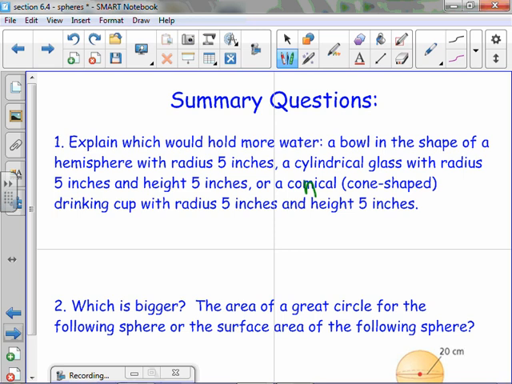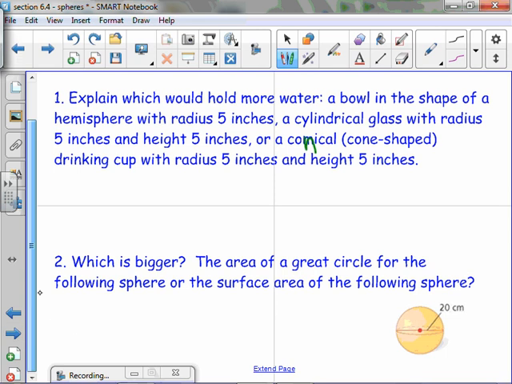But I think you can do this question without actually needing to talk about volume. And what we're going to do, we're actually going to do it together. Here's my cylinder. Radius of 5 inches, height of 5 inches.